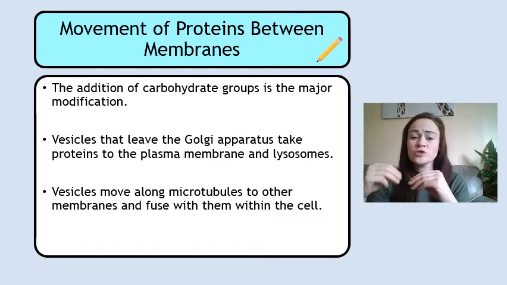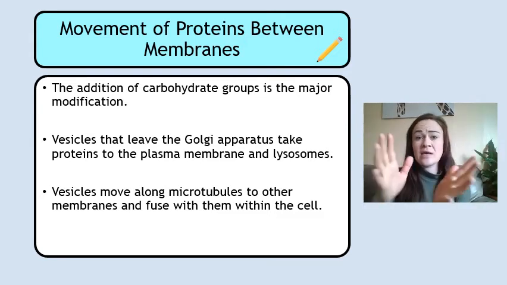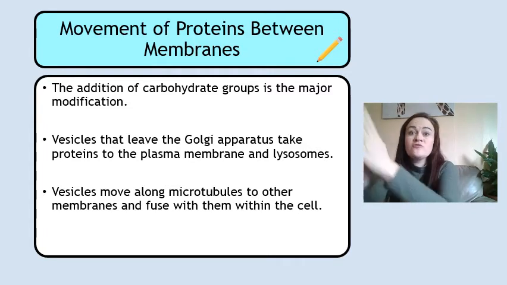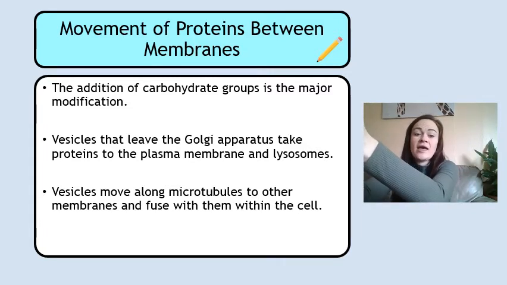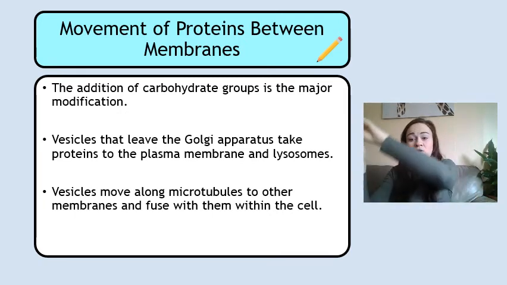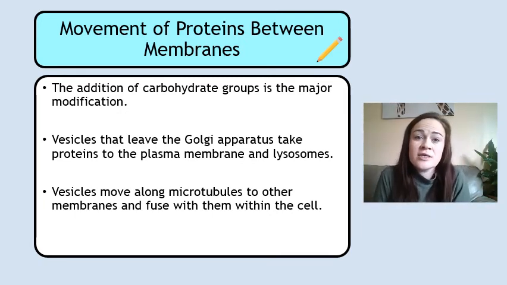Then the vesicle will move to the membrane of that structure and fuse with it, or it might fuse with the actual membrane of the cell, ready to be released outside of the cell.